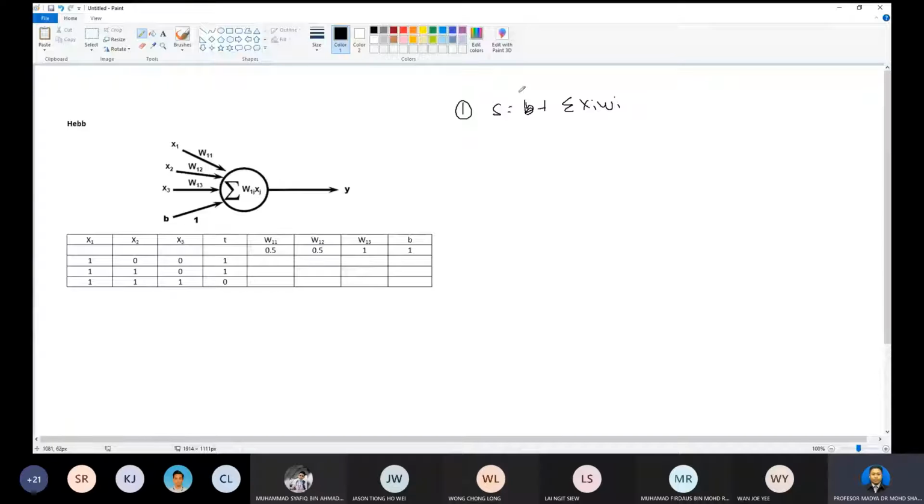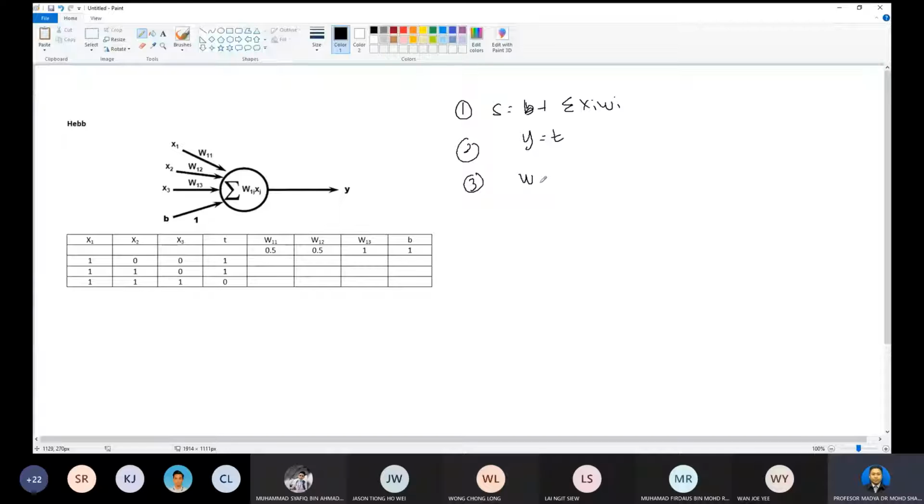Here we have the bias, that's why we have the b. If we don't have the bias, then S equals the summation of Xi Wi. There is no comparison here, just straightforward. Second, you have to know the condition y equals t. Third, you have to know the weight adaptation.